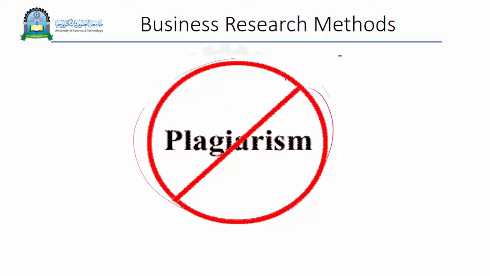You can get the help of a lot of studies in the literature review, but you have to cite and mention the owners of these ideas, the authors of these ideas, preserving the copyright.